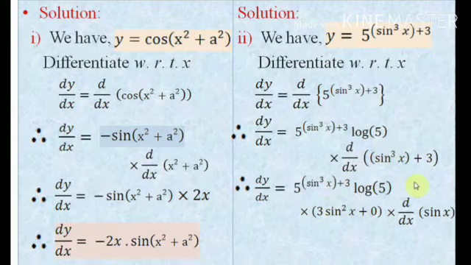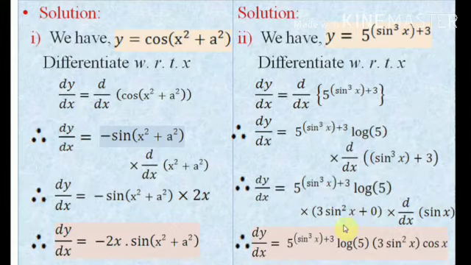Now we are taking the derivative of x as sin x, therefore d by dx of sin x, and therefore the derivative of y with respect to x is 5 raised to sin cube x plus 3 into log of 5 as it is, into 3 sin square x into the derivative of sin x, that is cos of x. That is the derivative of the given function.